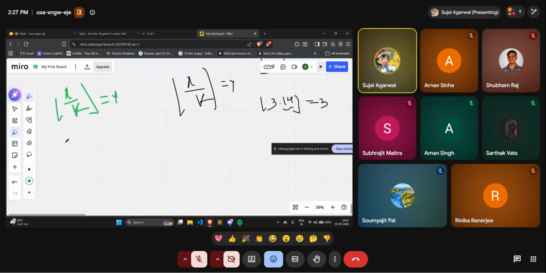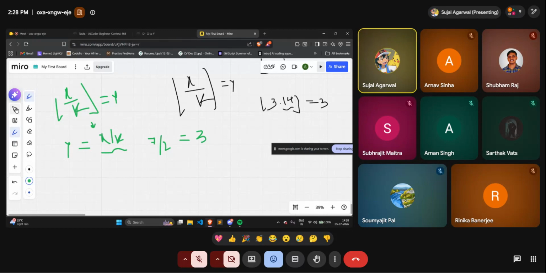So y can be intuitively represented as x by k, right? Because in division format, we also truncate the decimal places, right? Suppose if x is 7 and k is 2, so 7 by 2 in C++ gives me 3, right? If we do it in long format or integer format. So we can reduce this part to simply this.